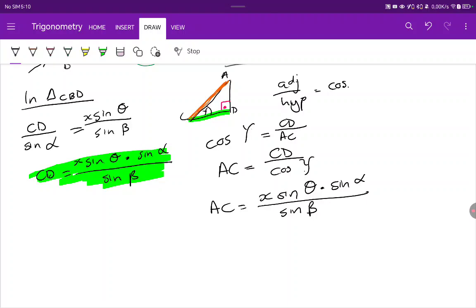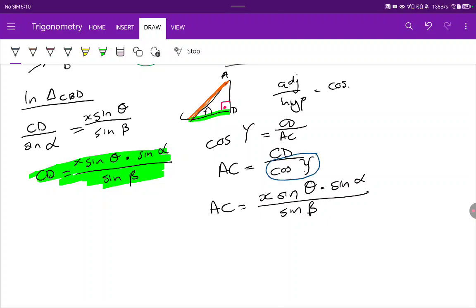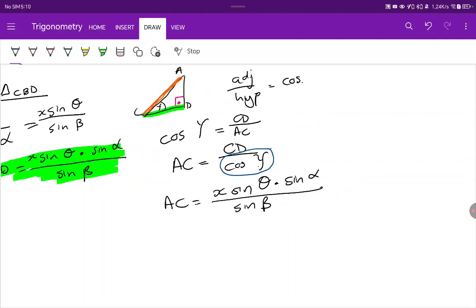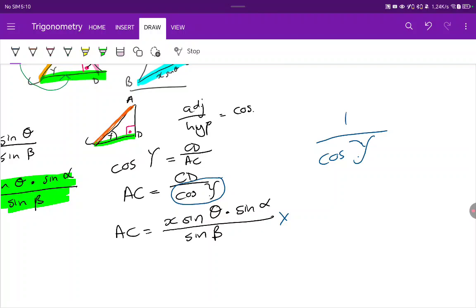So I'm going to take this separate. I just want you to see something. If I do times, cos of the angle is my denominator. So I have 1 over that. If I do times, I can then instead make it multiplied by cos of lambda over 1. That's one option, right?